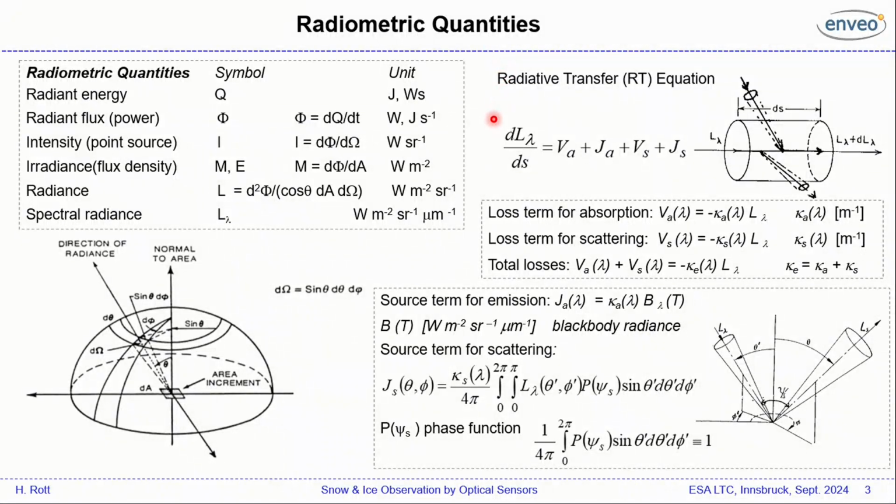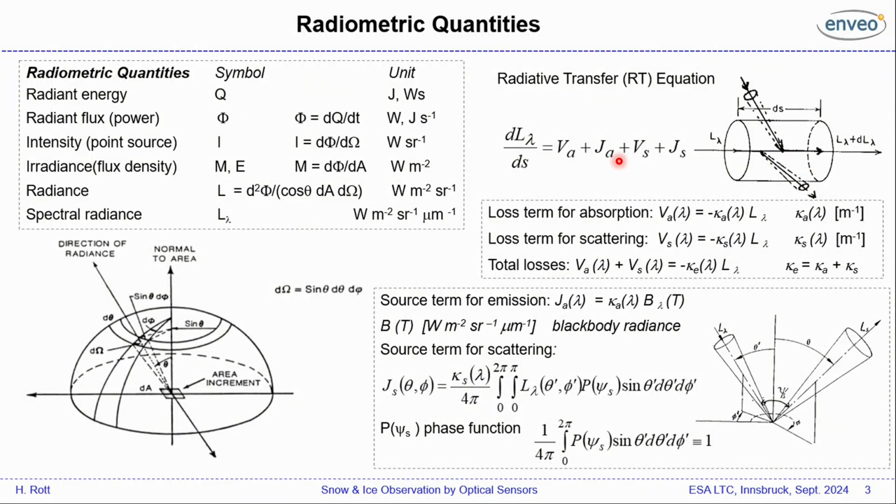The basic is the radiative transfer equation, which describes the change of radiance along a path. It has loss terms for absorption, for example by gases in the atmosphere, water vapor, and so on, and scattering, which means radiation scattered out of the beam in other directions.